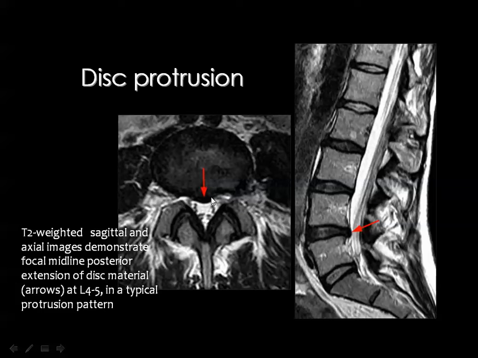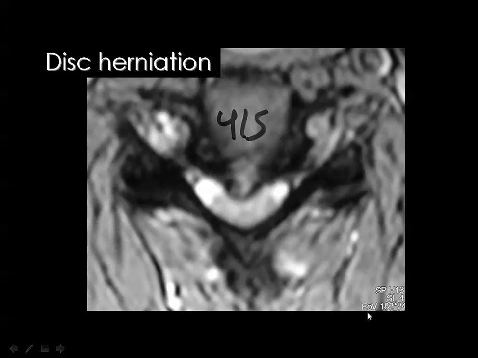If it is less than 2 millimeters, it will be protrusion. And from the sagittal image, you can decide whether it is protrusion or herniation. If the disc does not exceed the vertebral end plate above or below, you can assume that this is disc protrusion.